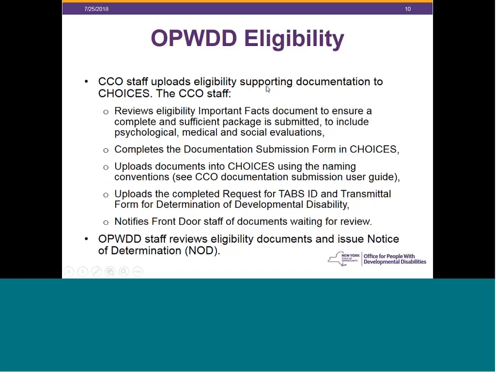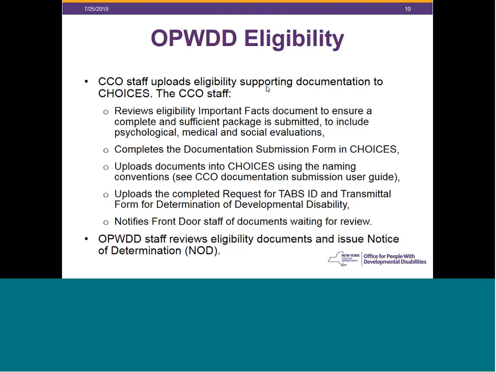So the CCO staff will upload that information, but prior to uploading, please review the eligibility important facts. There have been some updates to that important facts, and we want to ensure that when you upload the documents into choices, this package is complete and sufficient, that it includes the necessary evaluations that are required for eligibility determination.